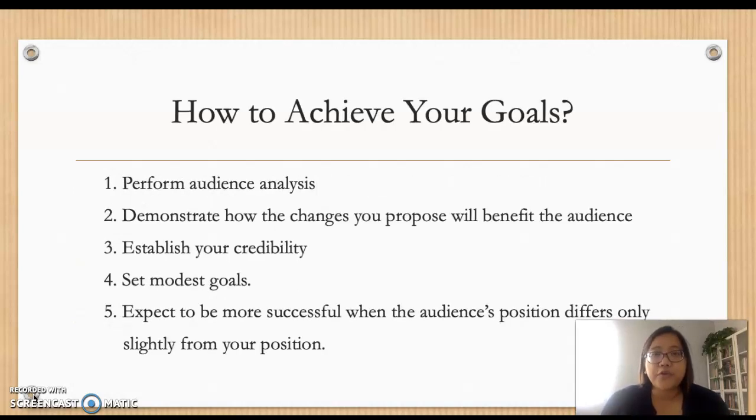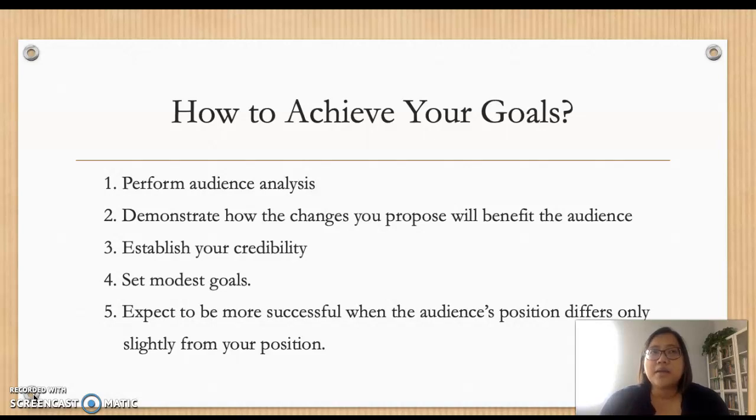So how do you achieve your goals? The first thing you need to do is to perform audience analysis. By this time you're already familiar with this, because understanding who your audience is and understanding their belief system and interests will help you think about the kind of topic that is suitable for this persuasive speech.